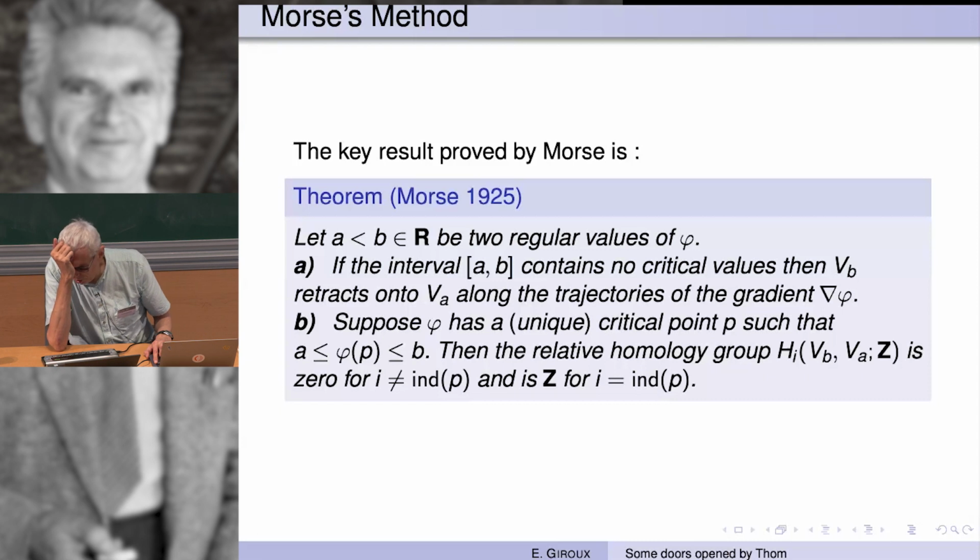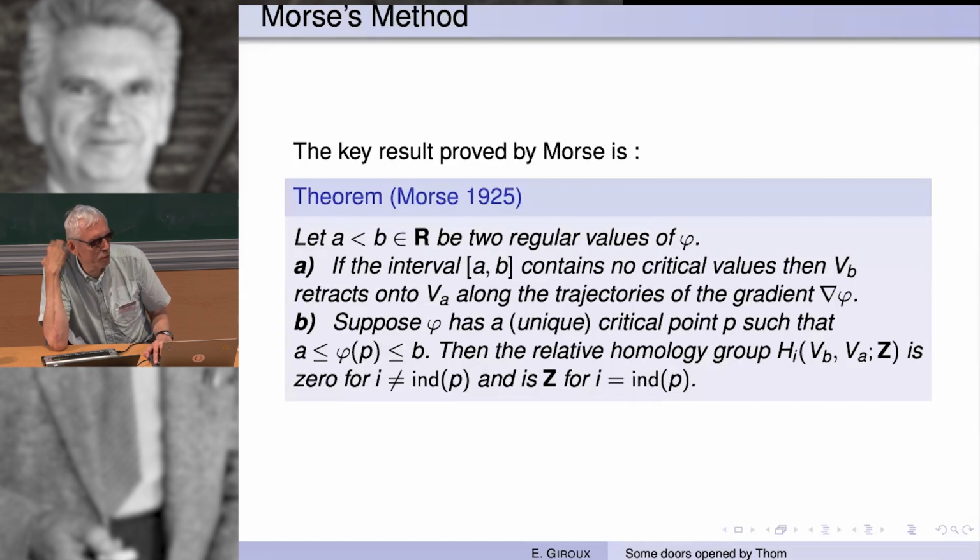And of course, nowadays, we no longer state this second result in this way. We say something like the sublevel B retracts onto the union of the sublevel A and a cell, a k-dimensional cell, if the index is k.